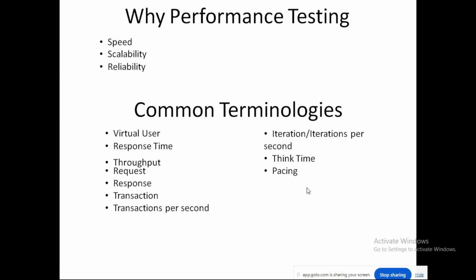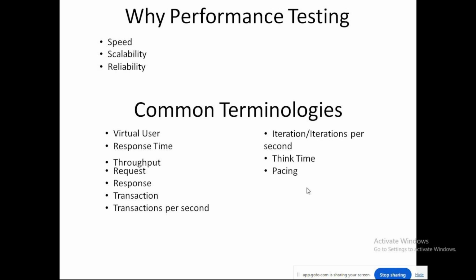Okay, the next one is pacing. One iteration gets completed, then let's say I want to introduce a time delay of 5 seconds. Then the next iteration will happen. Then again I introduce a time delay of 5 seconds.